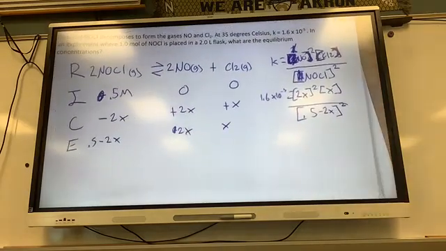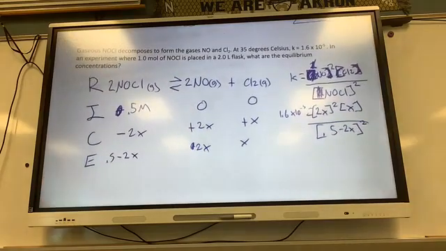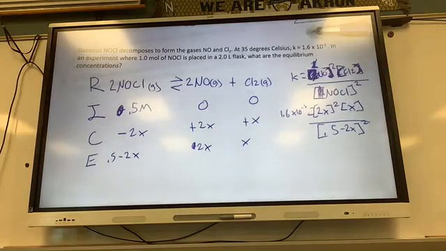So here is where this gets unfortunate. If you would solve this, you would have to do what? Quadratic formula. But in chemistry, here's the thing. Look at this k value. What would you say about this k value? It's small. This is called the 5% rule.